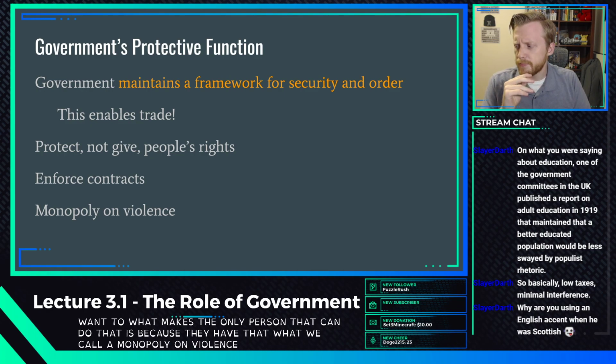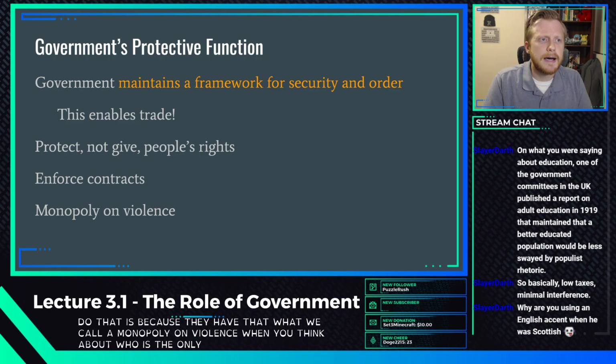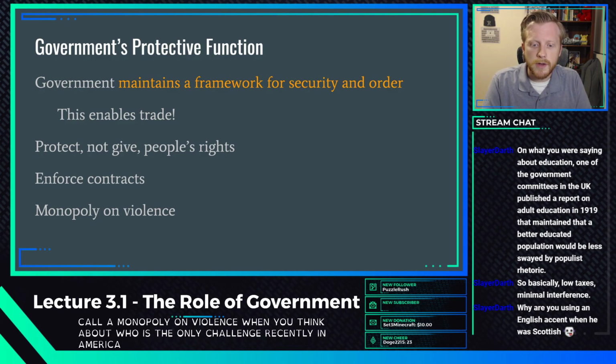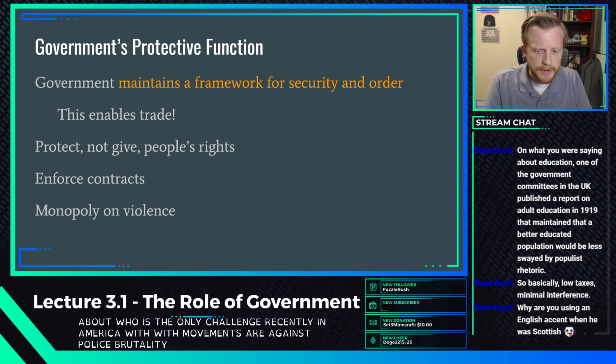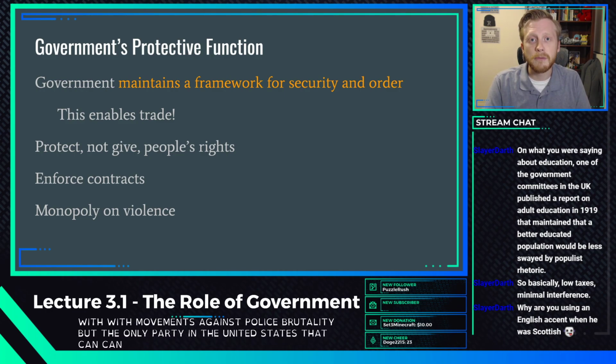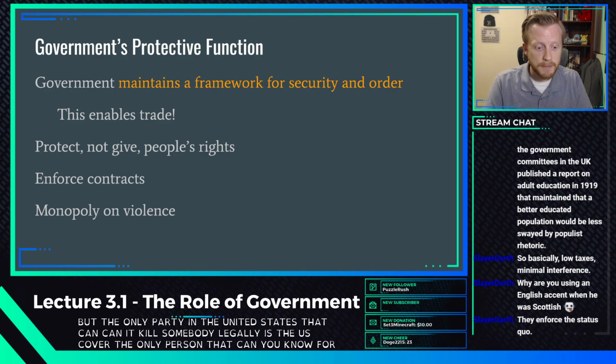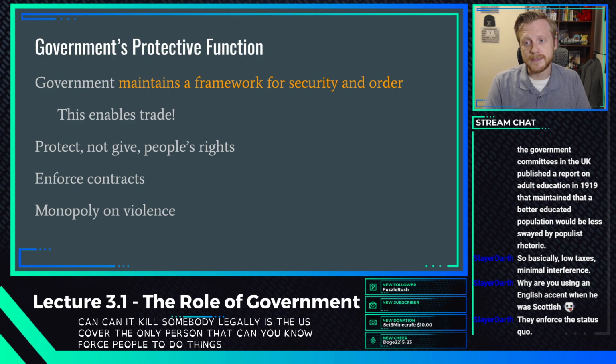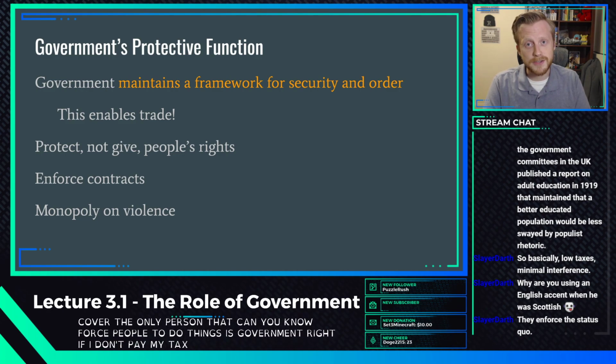We've seen this challenged recently in America with movements against police brutality, but the only party in the United States that can kill somebody legally is the U.S. government. The only one that can force people to do things is the government. If I don't pay my taxes, they show up with guns.